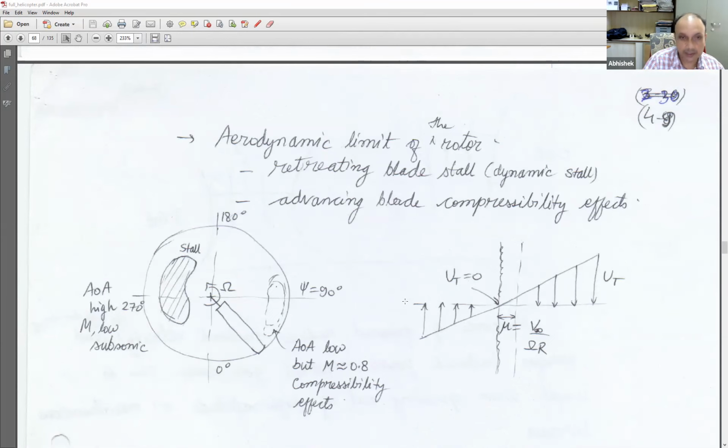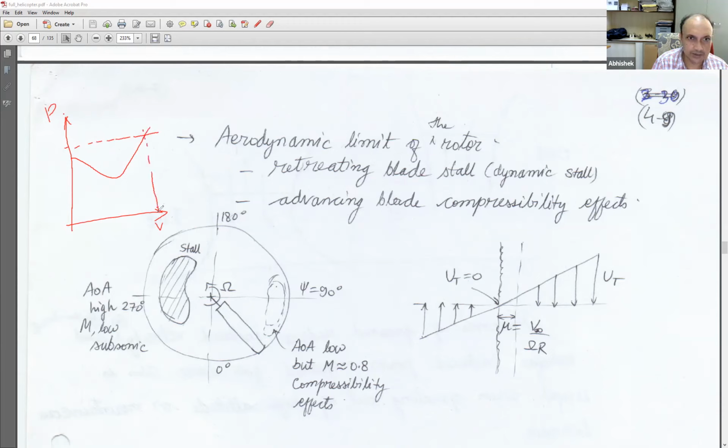So again, in continuation of the same discussion, if I once again look at my same power versus velocity, and I want to find out the condition for maximum power.